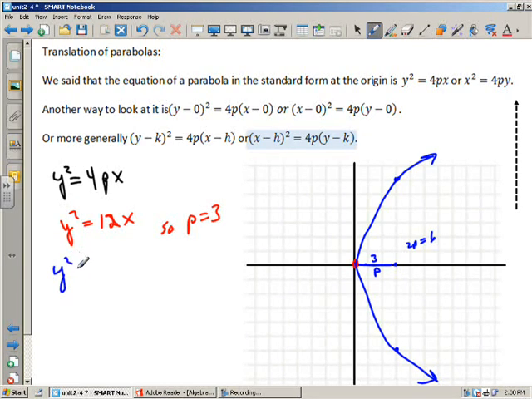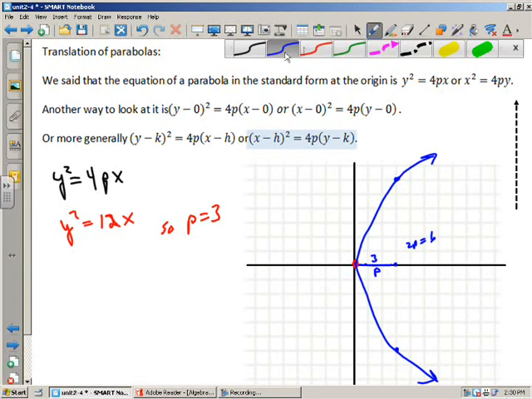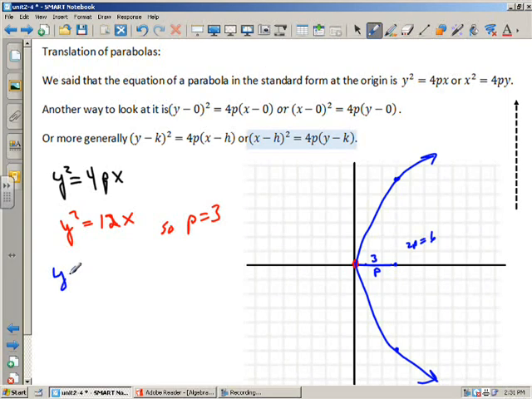Y minus k squared equals 4p times x minus h. Okay, so k is going to be the y coordinate of the vertex, h is going to be the x coordinate of the vertex. In this case right here, there's 0, 0.